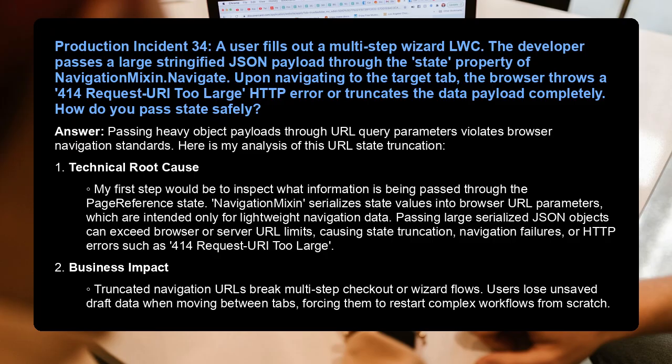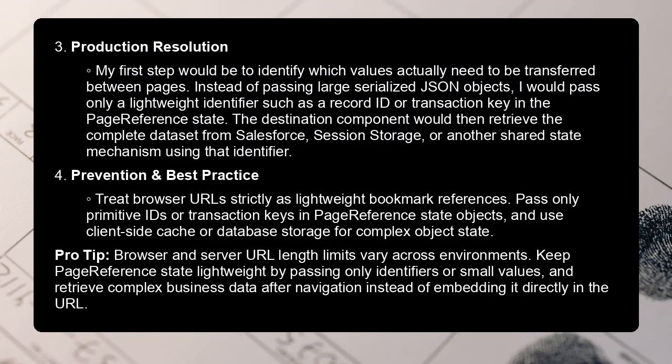2. Business impact. Truncated navigation URLs break multi-step checkout or wizard flows. Users lose unsaved draft data when moving between tabs, forcing them to restart complex workflows from scratch. 3. Production resolution. My first step would be to identify which values actually need to be transferred between pages.